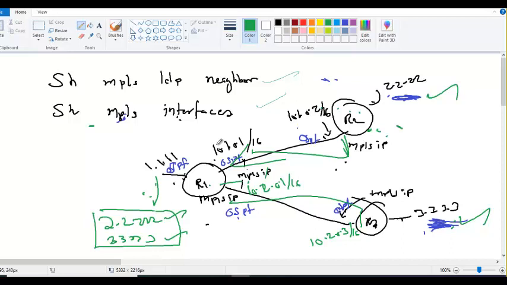So MPLS cannot form a neighbor with someone you don't know. The router ID of the neighbor should be reachable. When we don't know these things, we'll not be able to understand where the problem is.